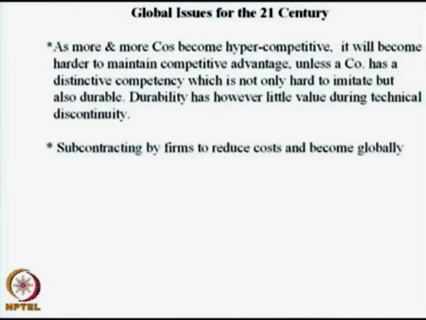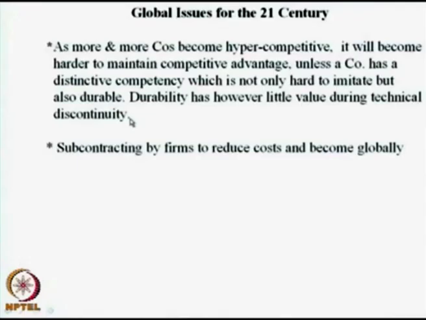This was brought out in the global issues which will be coming in the 21st century. This is the type of scenario which you are visualizing. It may be difficult for a firm which is not able to sustain competitive advantage to hold on in this type of scenario.